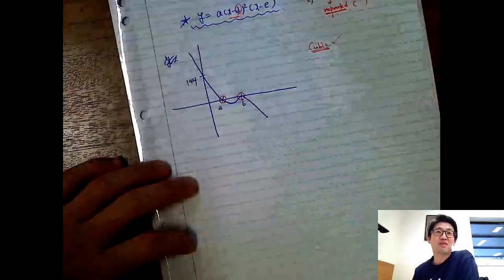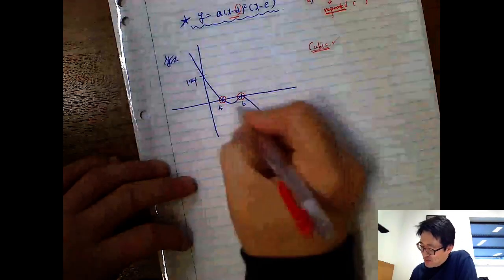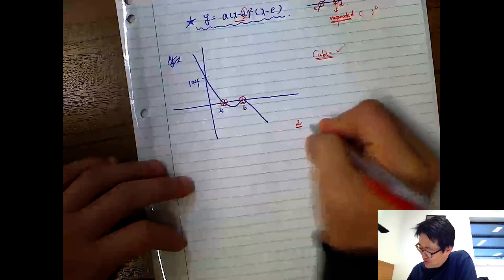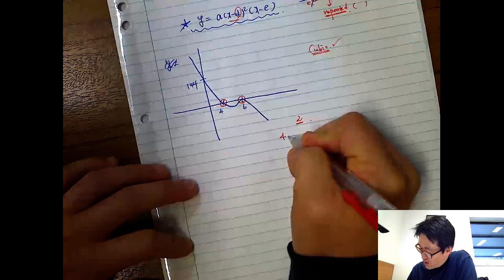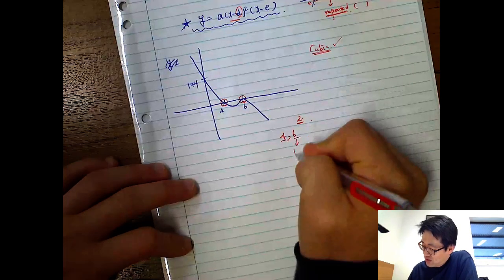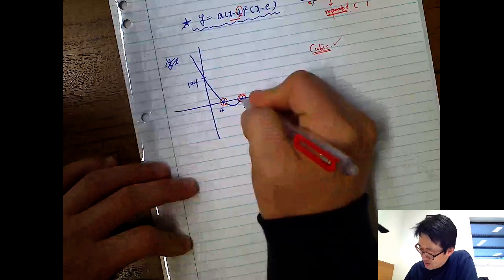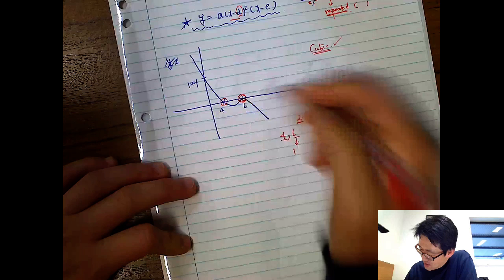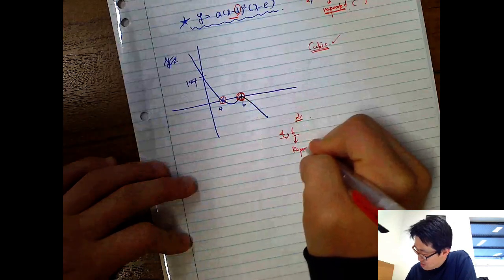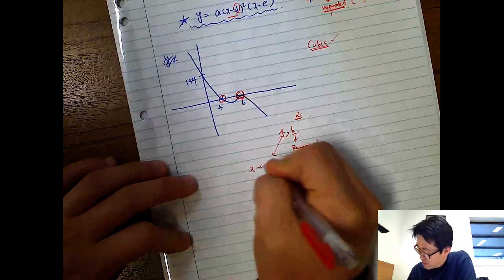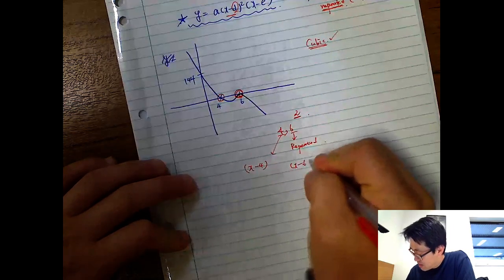Okay. The x-intercepts are 4 and 6, isn't it? And at 6 we got the point of inflection here. That means that's a repeated factor, which means we have x minus 4 and x minus 6.